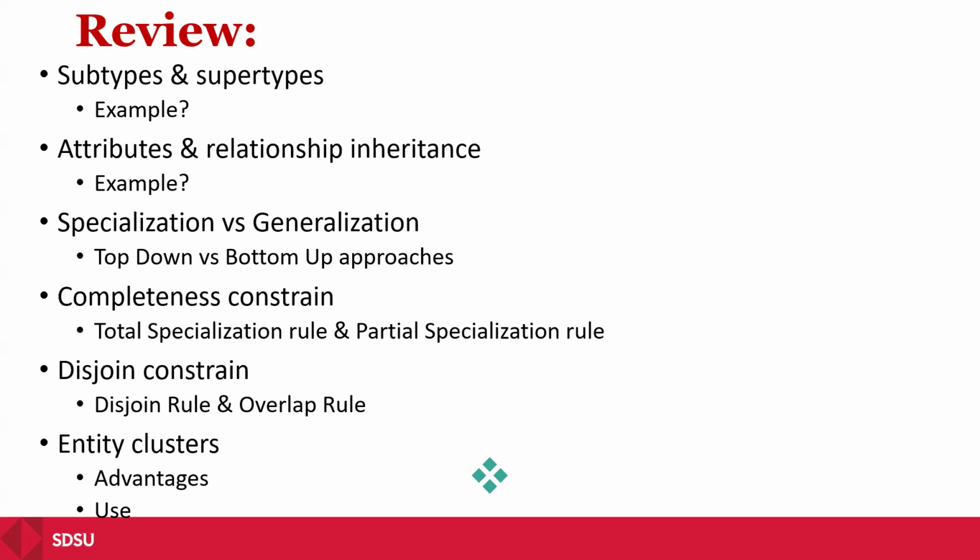We also talked about entity clusters and advantages of those to simplify, and the biggest advantage of entity clusters would be to simplify the model for presentations or for better understanding and to better see the overall picture.